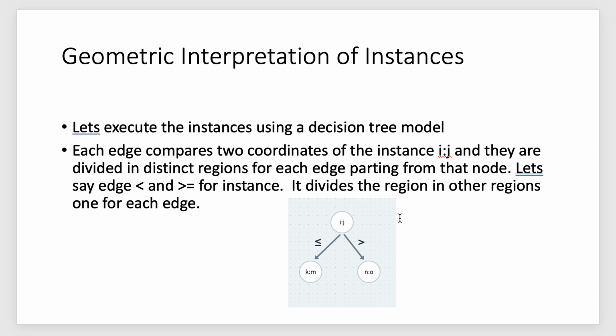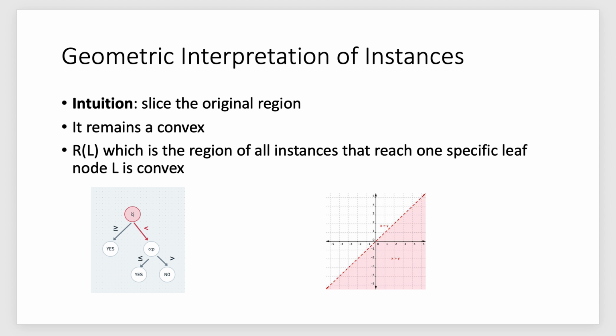I will go a little further so I can better explain this. The intuition behind this is that all instances are points in the n-dimensional space, and this region, the n-dimensional space itself, is convex.